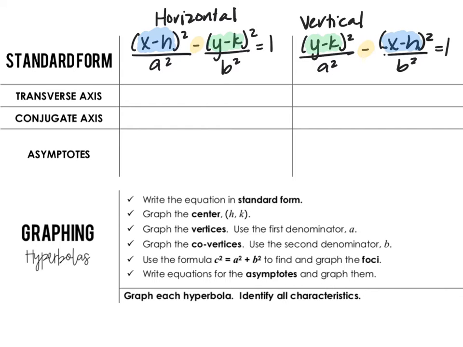So our transverse axis is going to be found by just y equals k. So all you have to do is find k in the equation, and your transverse axis comes from that. And for the vertical, it's x equals h, which makes sense because anytime you have y equals a number, that gives you a horizontal line.